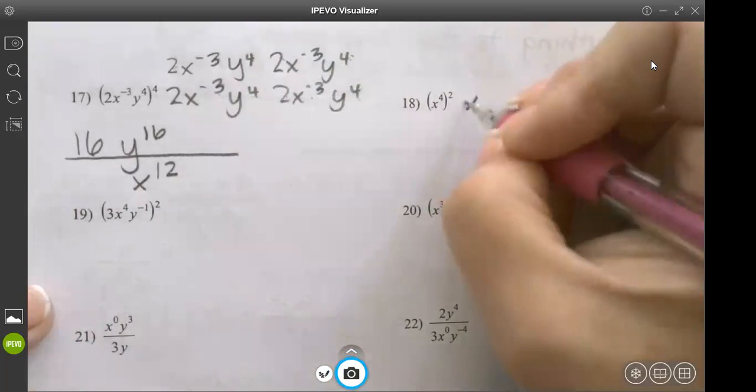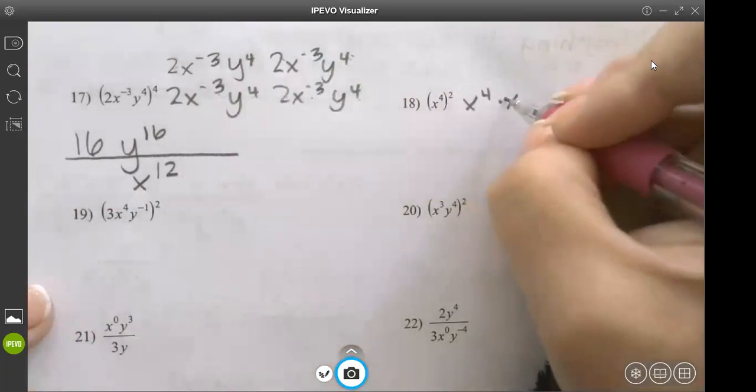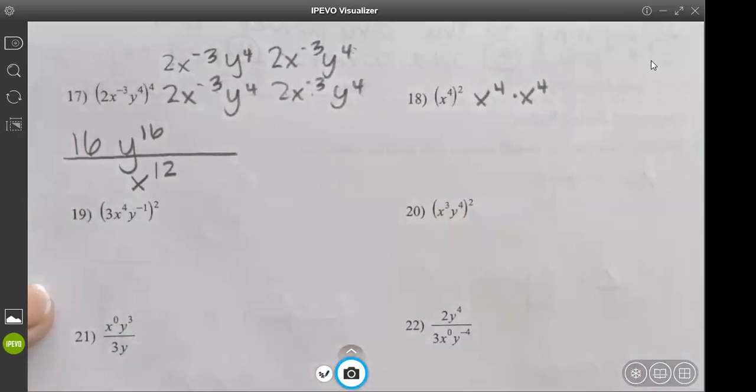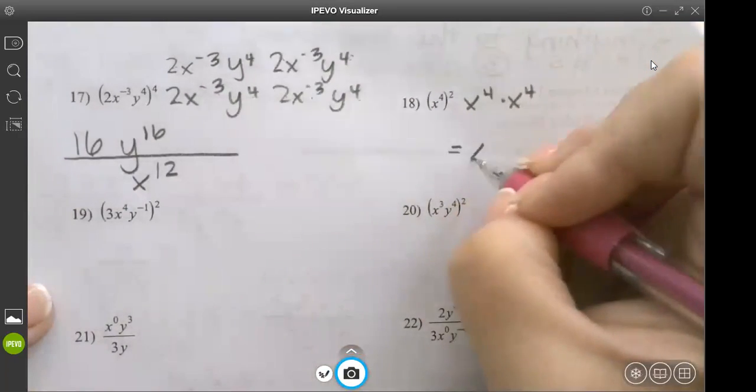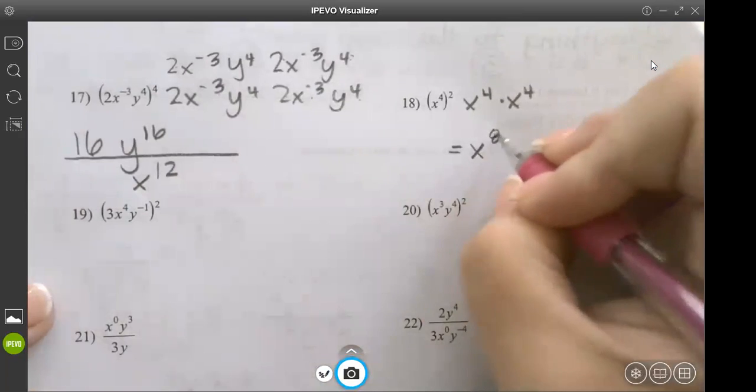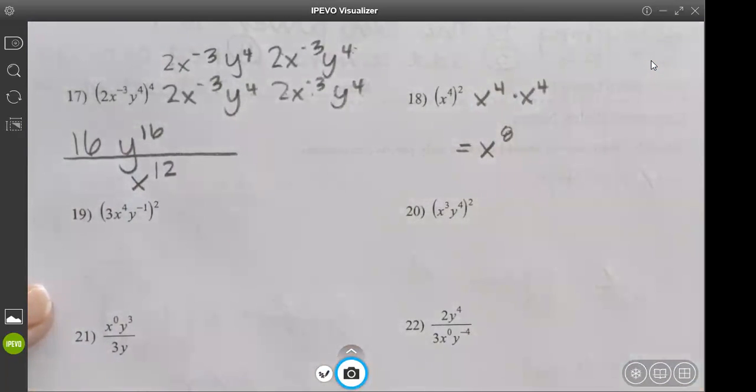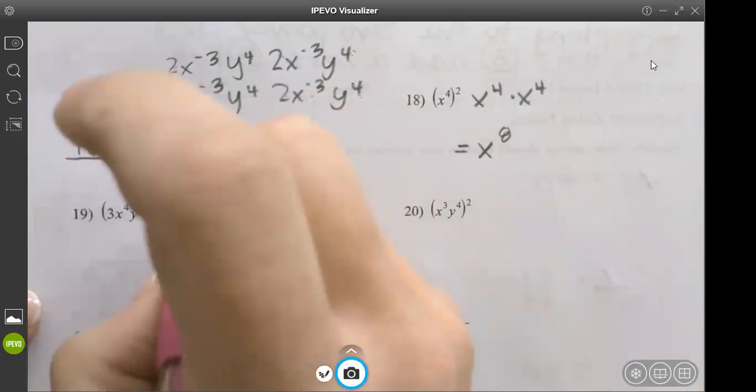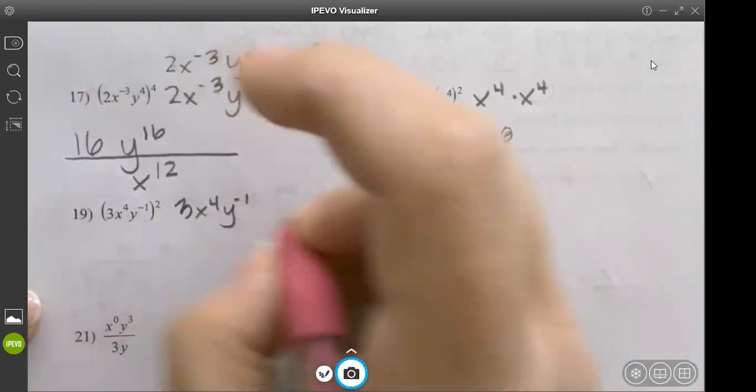This one says x to the 4th twice, so we'll write it twice. So how many x's total do I have? 8. That's it. That's all you do. All right. On the next one, 3x to the 4th, y to the negative 1.